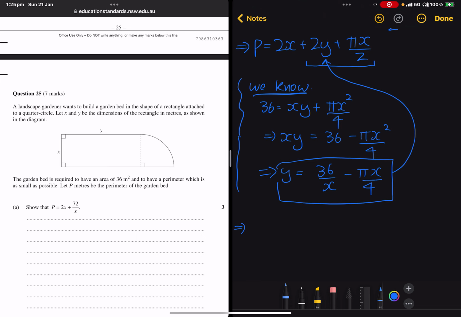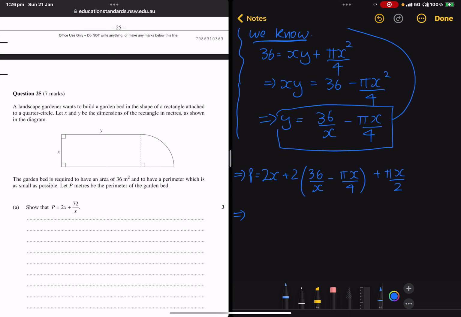So this will give us p is equal to 2x plus 2 times 36 on x minus pi x on 4 plus pi x on 2. So when we start to expand this, we find p is equal to 2x plus 72 on x minus 2 pi x on 4 plus pi x on 2.